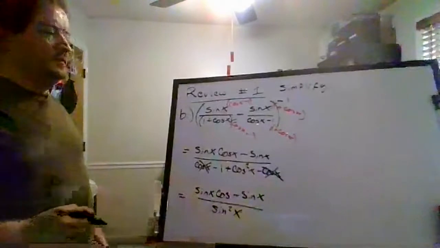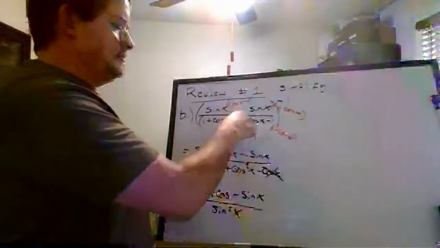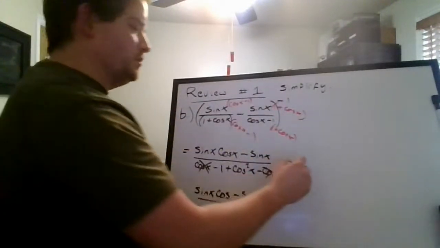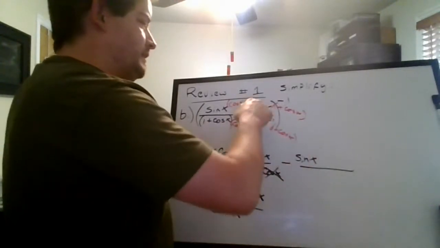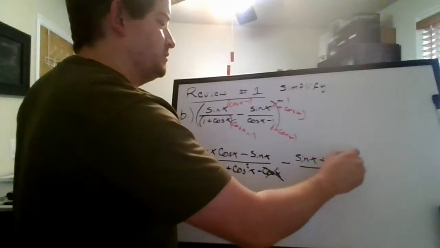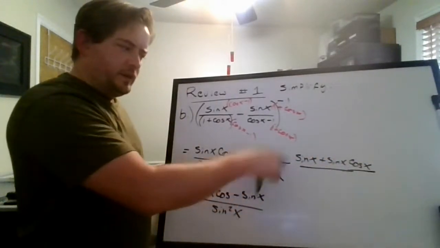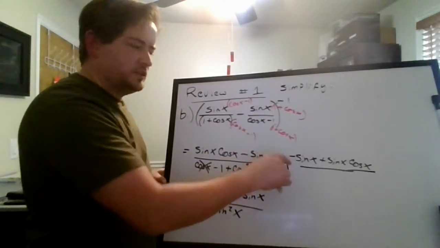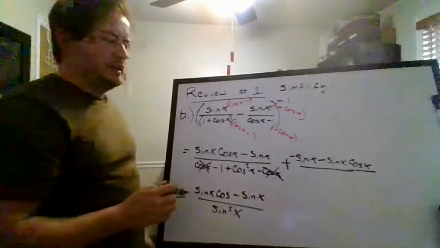Okay. On the other one here, I've got a minus. When I take the sine and I distribute it through, I have sine of x. Sine times cosine is sine x cosine x. Right? And I can take this minus and actually distribute it through and then change this to a plus. So in the fraction, I get a minus sine of x and then a minus sine x cosine x.